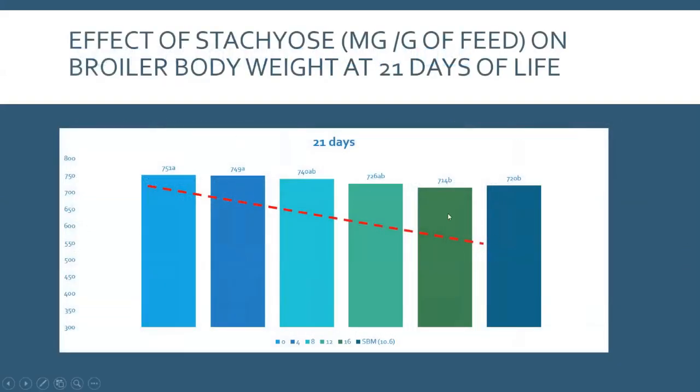So how about stachyose? Stachyose is one of those oligosaccharides that we find in soybean meal. The higher stachyose levels that they have detected in the feed, the lower is the body weight gain of broilers. So we can see the effect of high stachyose levels on broiler performance.